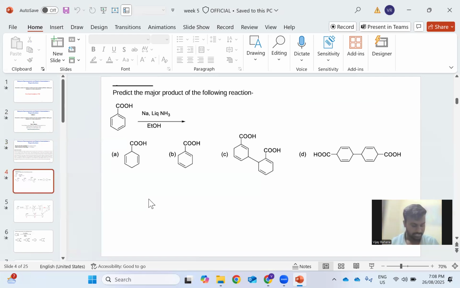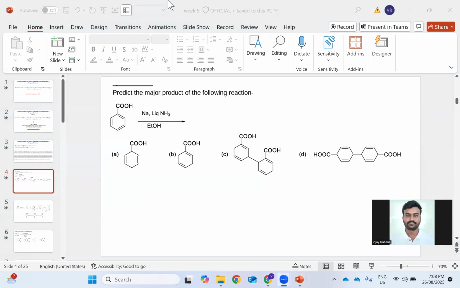Which option predicts the major product in the following reaction? So this is the reaction condition which you have been given, and among these, what will be the major product?